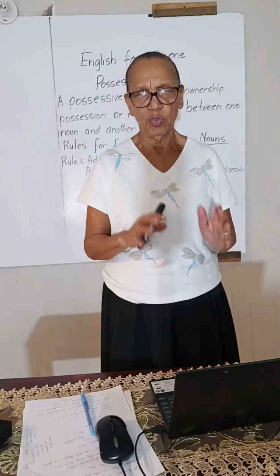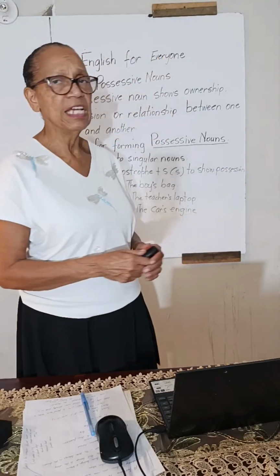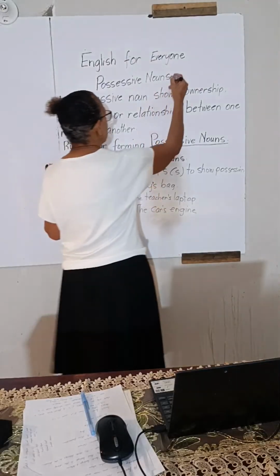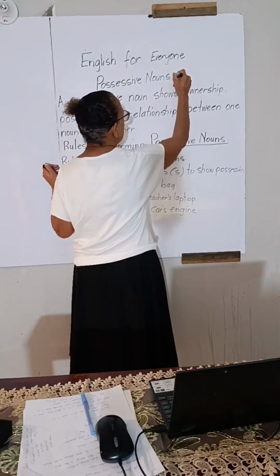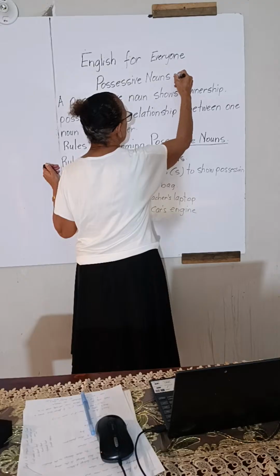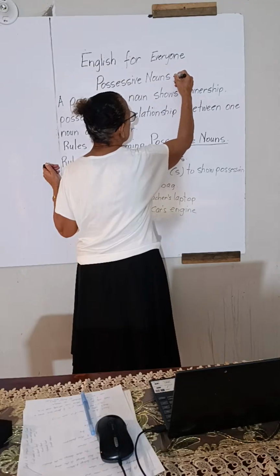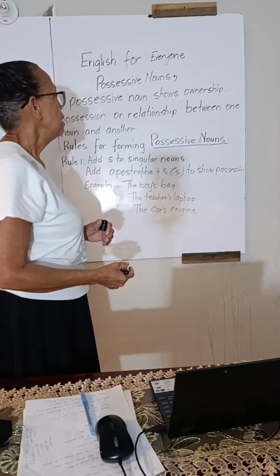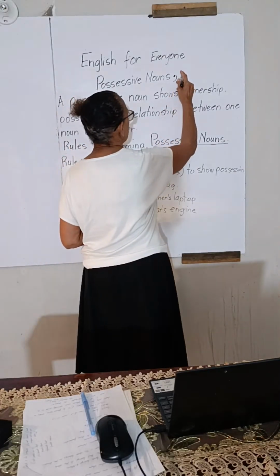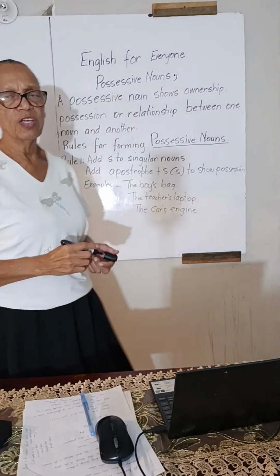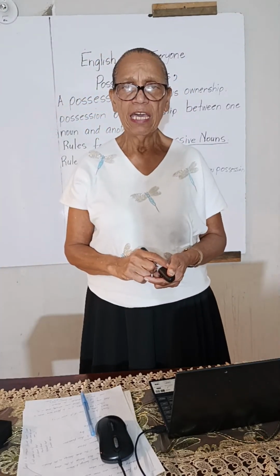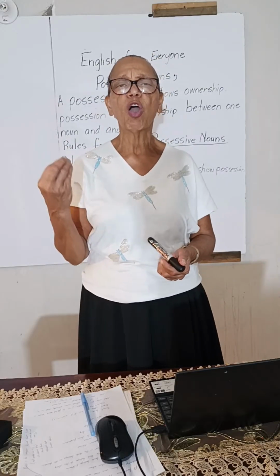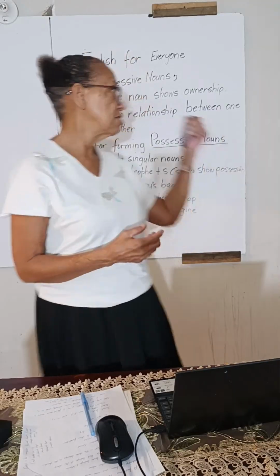Now we have something in the English language that we call an apostrophe. It's a little sign like a comma, but the dot is at the top. The comma is down at the bottom, but the apostrophe is always at the top. In some cases, when we know about contractions, we will see this little sign there.